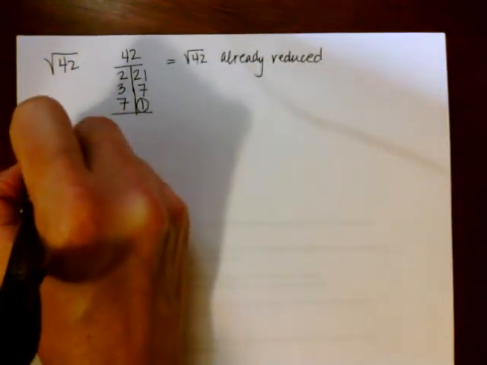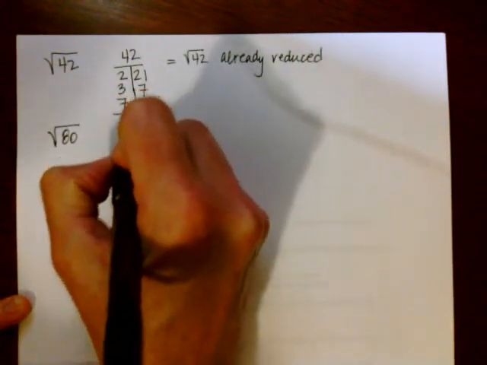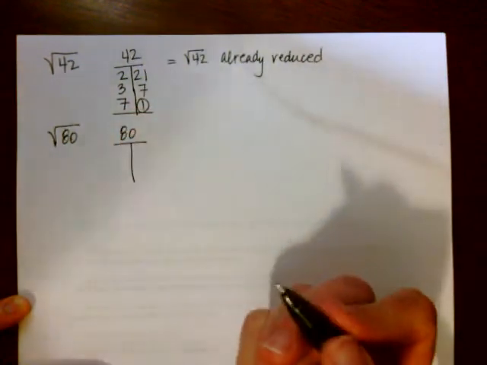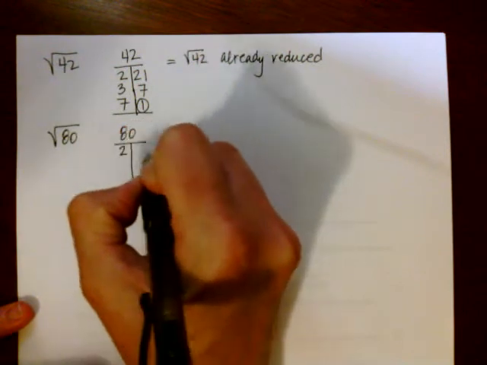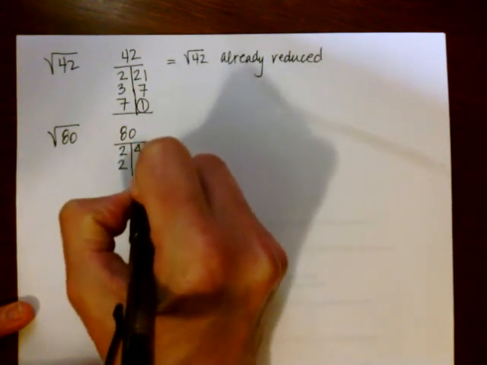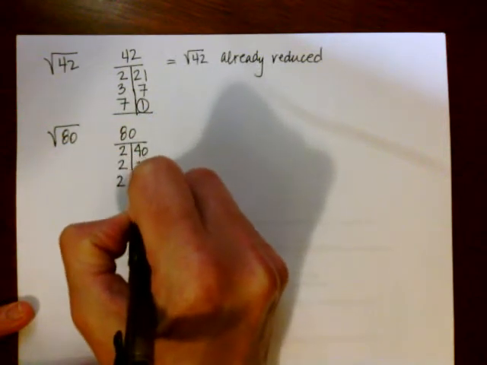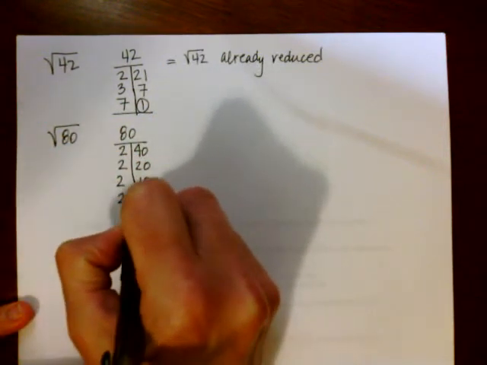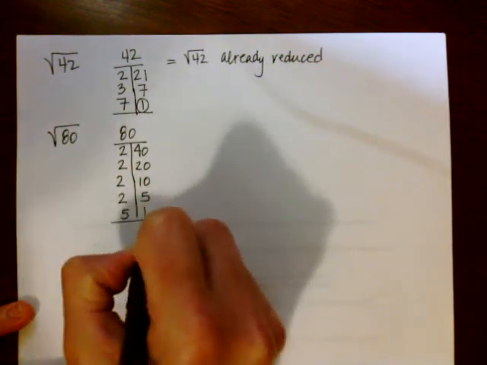Alright, so let's do another one. Let's do the square root of 80. So I write 80 at the top of my factor T, and I'm going to start dividing by prime numbers. I'm going to start with a 2, and I get 40, and I'm going to divide by 2, and then I get 20, and I'm going to divide by 2 and get 10. 2 into 10 gives me 5. 5 goes into 5 one time.